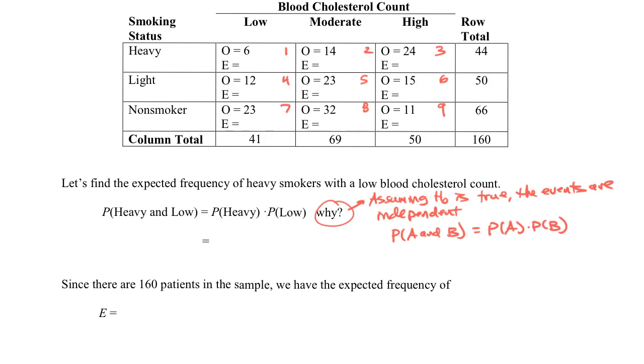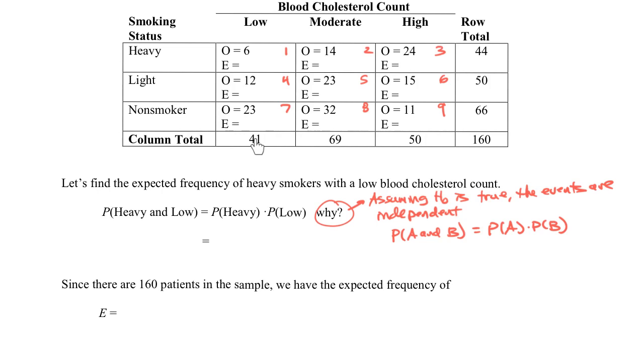So, to find the probability of a heavy smoker, just think, okay, how many heavy smokers were there? If you look at the row total, 44, right? There were 44 heavy smokers out of 160. And what about low blood cholesterol count? Well, here's low. There were 6 here, 12 here, 23 here, for 41 total, right?